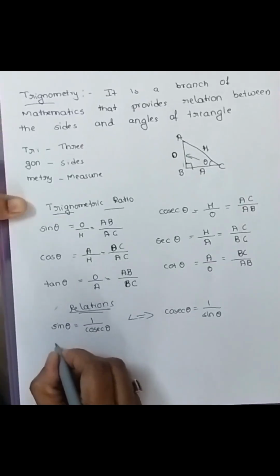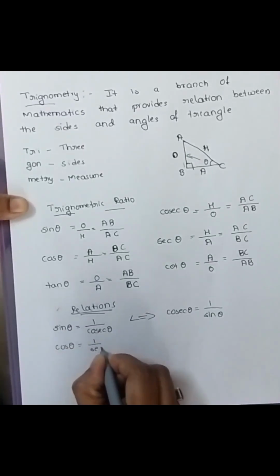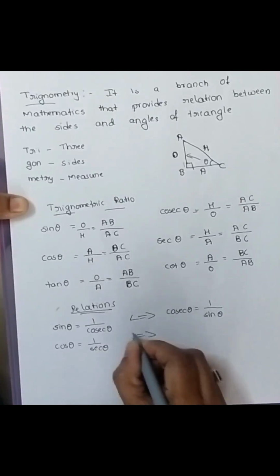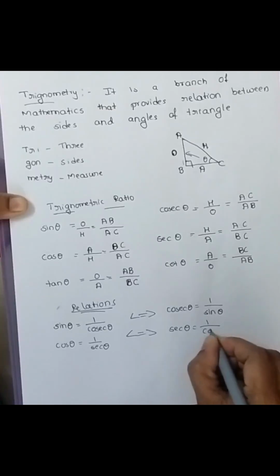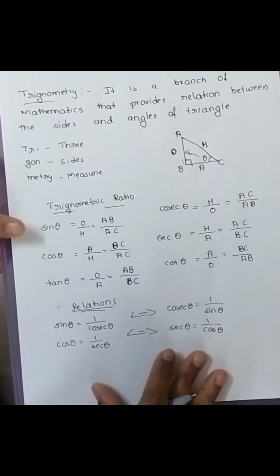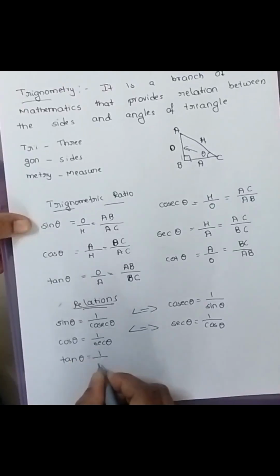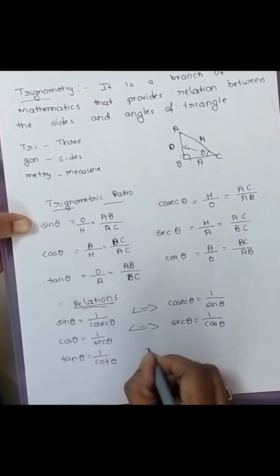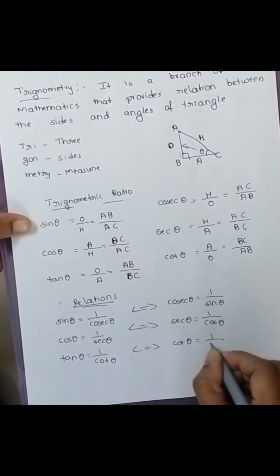Similarly, we can write for cos theta and secant theta. We can also write the relation that tan theta is the inverse of cot theta, and cot theta is the inverse of tan theta.